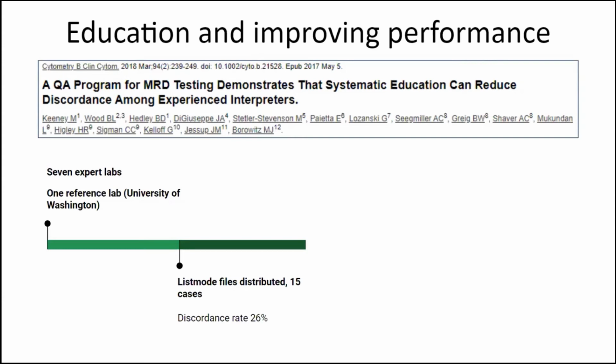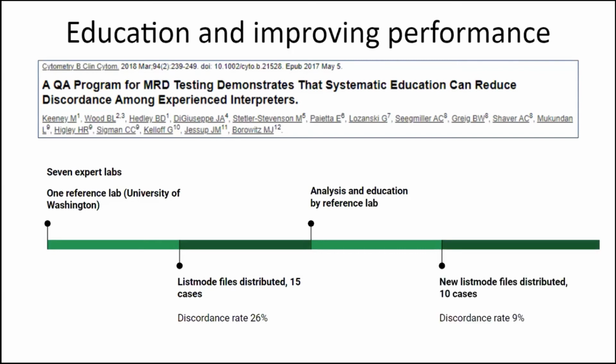List mode is essentially just the format that raw flow cytometry data is saved as. The discordance rate at this point was 26% among the laboratories. The reference lab then analyzed each lab's answers and provided educational feedback, and then a new set of list mode files were distributed. The discordance rate dropped substantially, providing evidence that this format can provide valuable education.